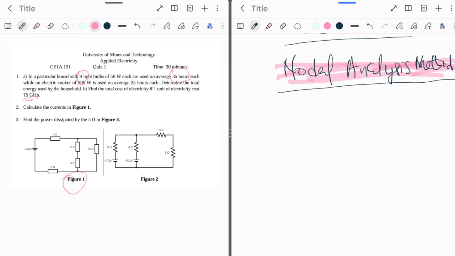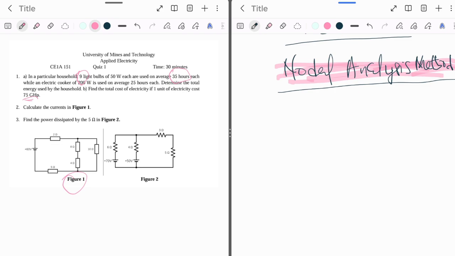Then we solve for the voltage, and after that we get the current. So first, assigning current to each branch, applying Kirchhoff's current law at a node, writing the equation, and then solving for the voltage, and then later we solve for the current.